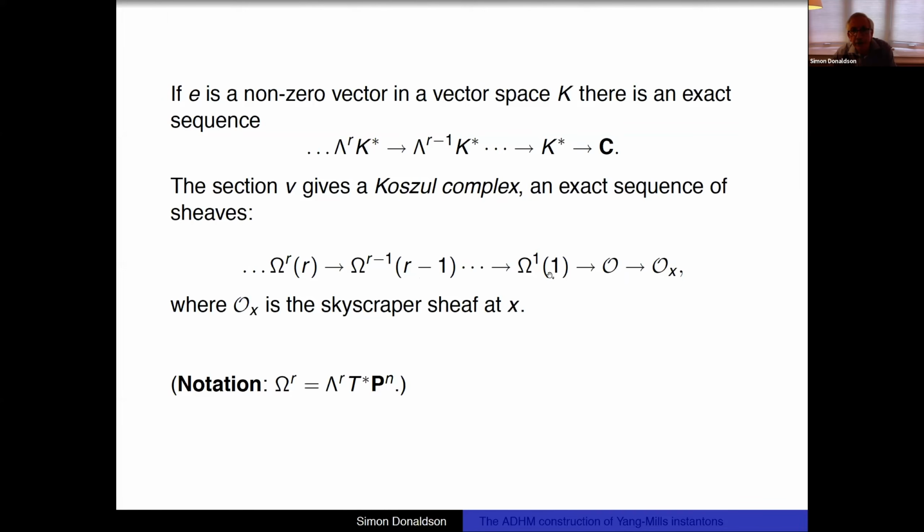At the end, we go from Omega 1 twisted by 1 down to the functions, but because our V vanishes at x, that's not surjective. A function lies in the image of that map if and only if it vanishes at the origin. So we put on the skyscraper sheaf at x, the sheaf given by a copy of C concentrated at x, at the end of the sequence.